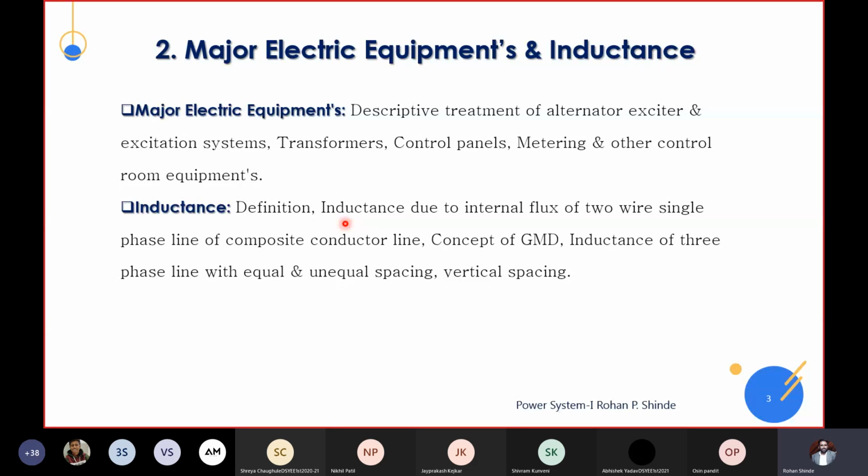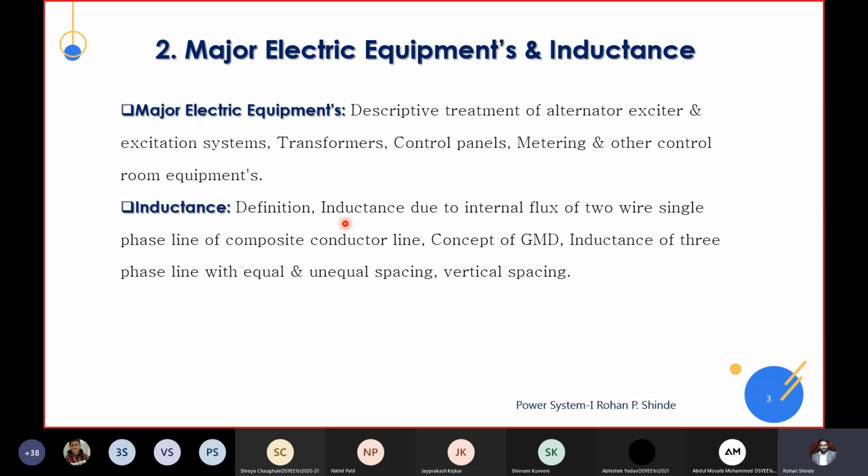Now see here, if only one conductor is there, then this formula is phi is equal to Li. If there are N number of turns, then the formula becomes N psi is equal to Li. N is the number of turns, psi is flux linkage, L is inductance, and I is the current flowing through the conductor.